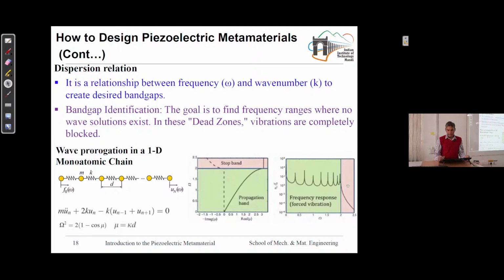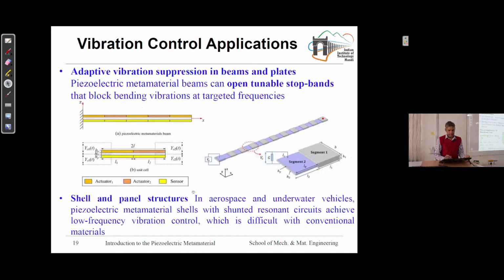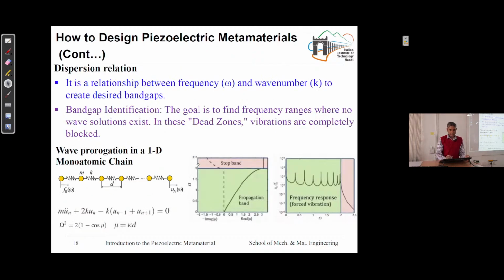So see, this is my stop band, this is my open band. Similarly, you can see here, the wave is flowing up to this 2 hertz, and there are no waves passing through beyond this.